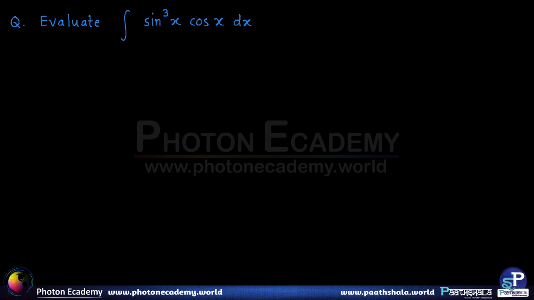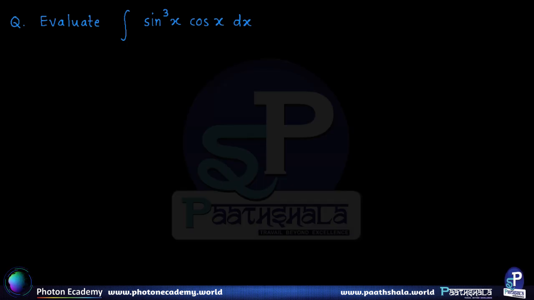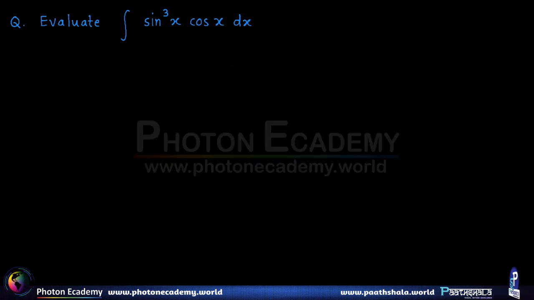Here we have to evaluate the integral of sine cube x into cos x dx. So let us once again recollect what we want to do in substitution. Are we able to spot any function which can be replaced with, say, t, and the derivative of that function is present in the numerator?